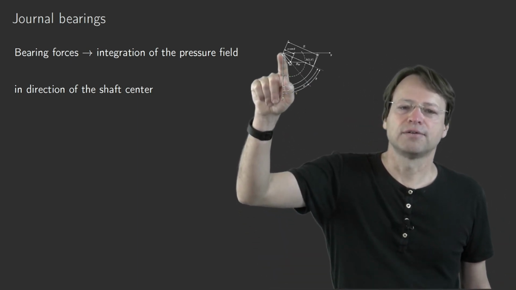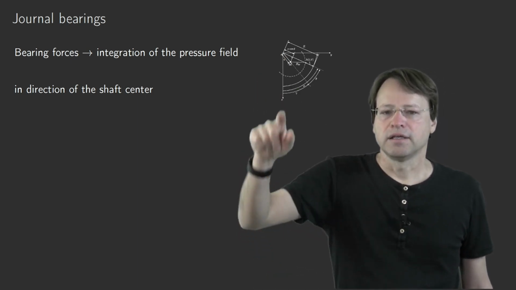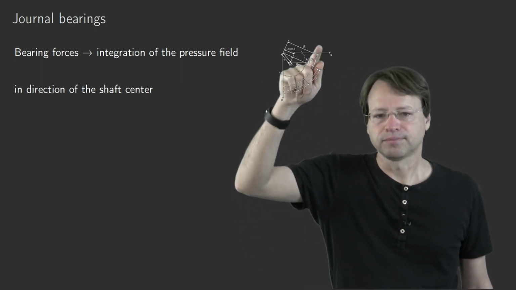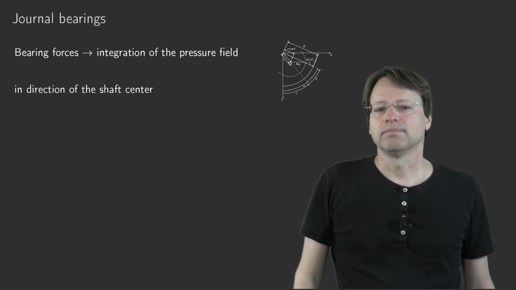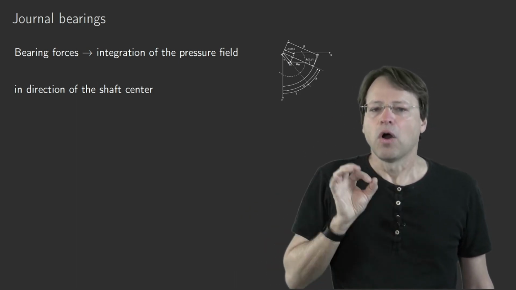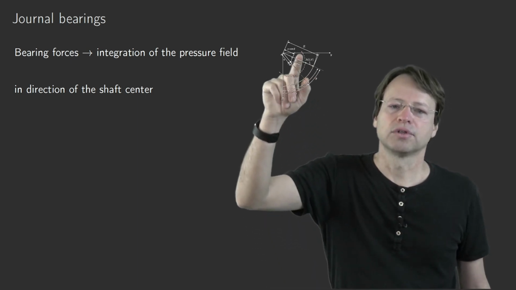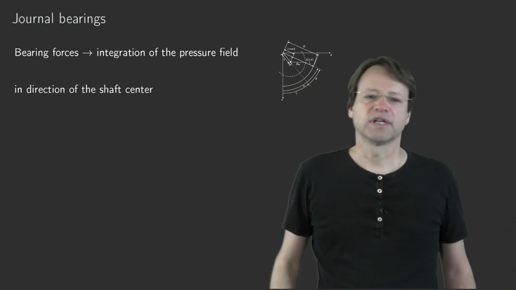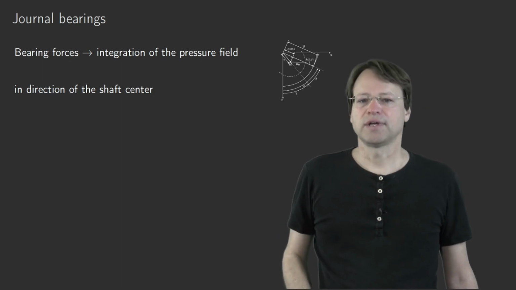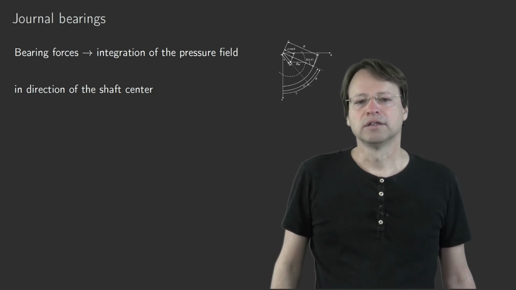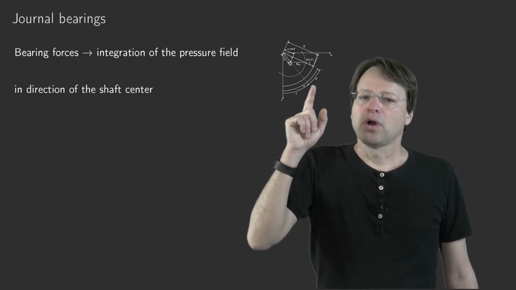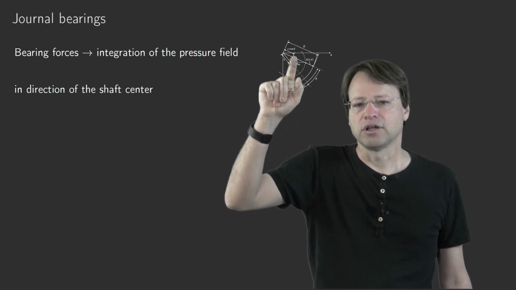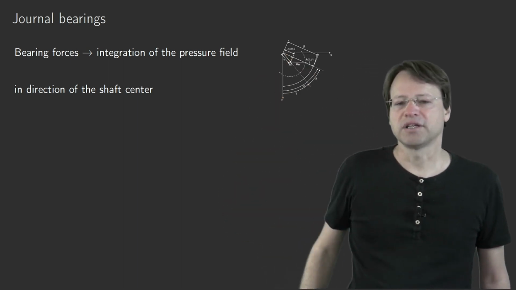So if you take a ray that starts in the center of the bearing, you would of course be perpendicular to the inner surface of the housing, and you would be almost perpendicular to the surface of the shaft, because the diameters or the radii are not so different, and we always put R sub W, the radius of the shaft, to be equal to R for the inner bearing.